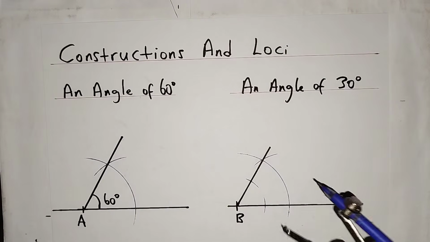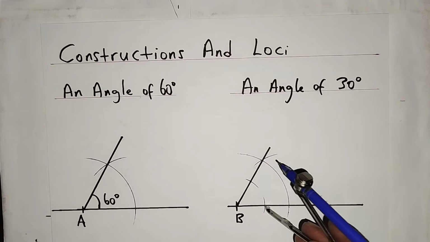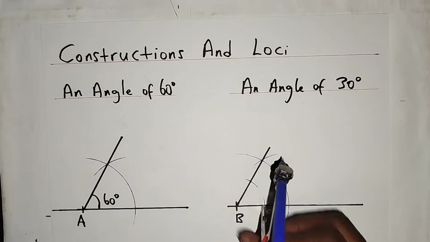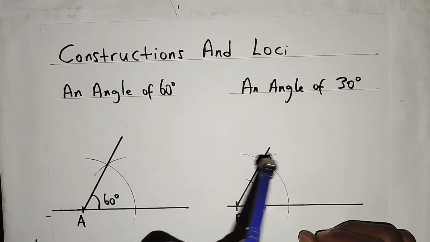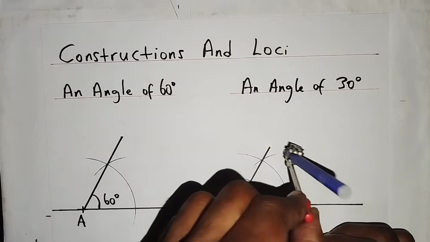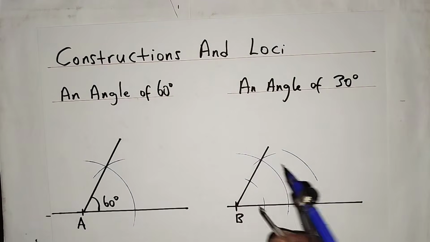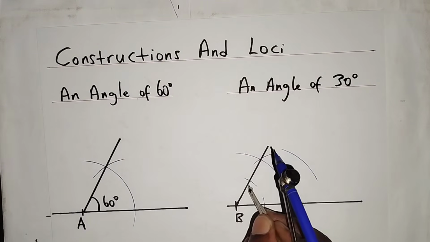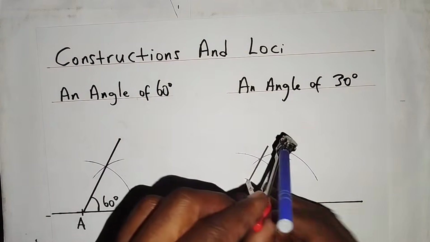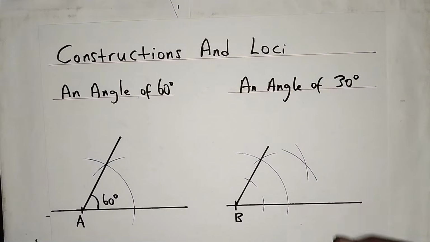So with the points of intersection of this line and this arc as my center, here I may also increase the radius of my compass so that my arcs will not be clumsy. Okay, I'll draw an arc, and then without changing the radius, I'll choose this point also where the arc meets the line here as my center and cut the previous arc like this.